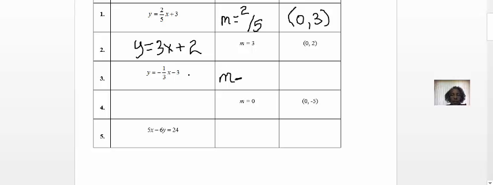Remember, that's the constant multiplied by x if y is on one side of the equation and everything else on the other side of the equation is simplified.